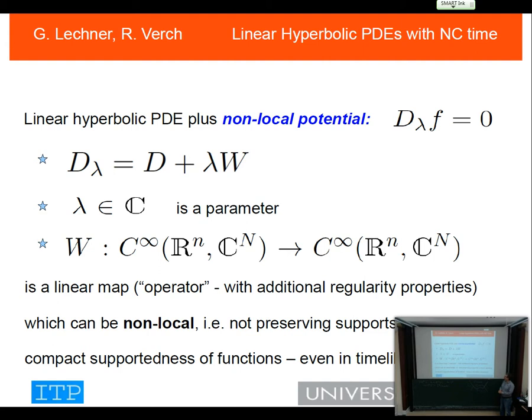And now W is not a potential which acts by pointwise multiplication on the functions, but is more general, can be a linear operator mapping functions to functions. And in particular, it can be non-local, so it need not preserve the supports of the functions it acts on, or it might even destroy compact support of functions.